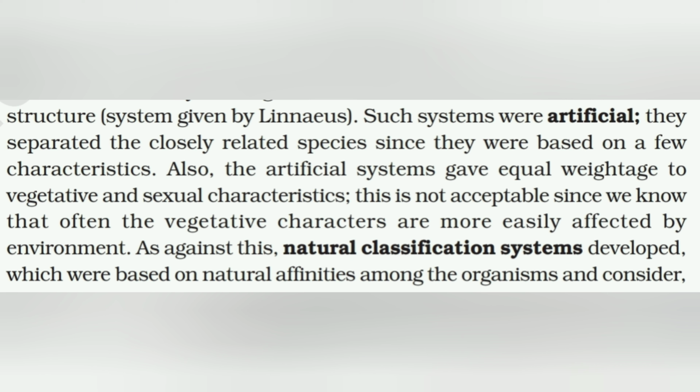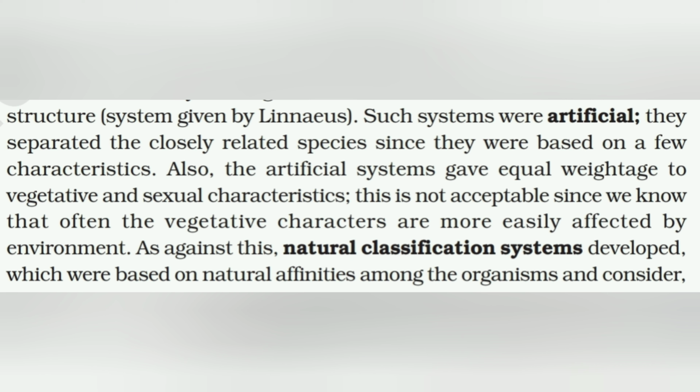Such systems were artificial. They separated closely related species since they were based on few characteristics. Also, the artificial system gave equal weightage to vegetative and sexual characteristics. This is not applicable since we know that often the vegetative characters are more easily affected by the environment.